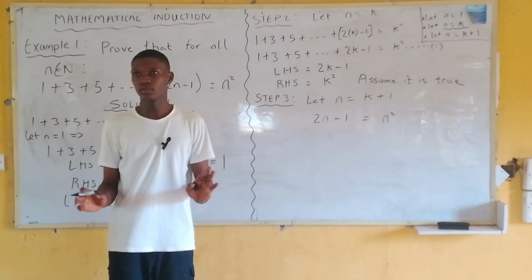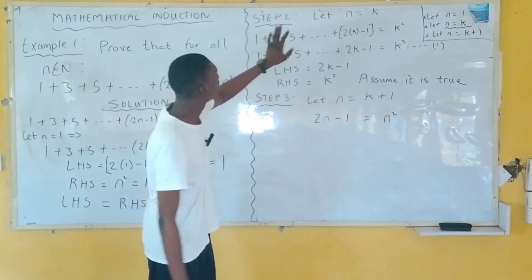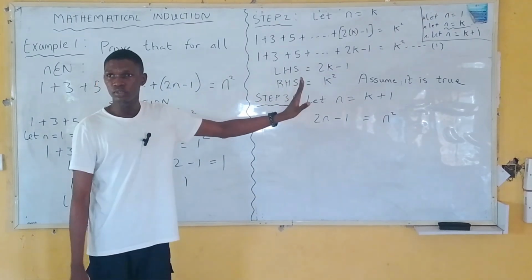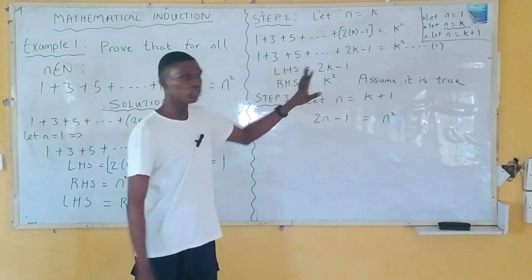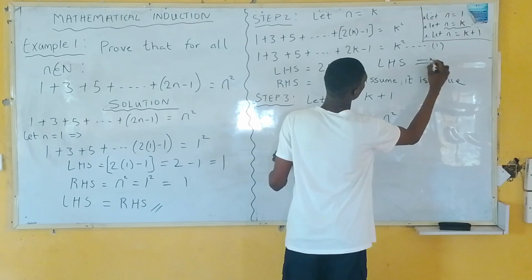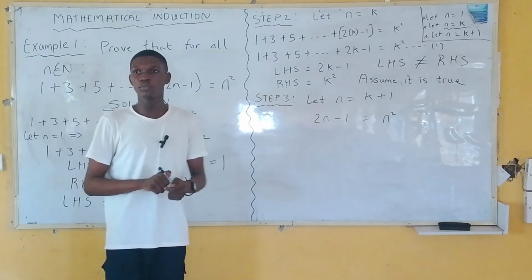Are we together? Yes. We've done for when n is equal to k. You input into your equation, and you see that the left hand side is not equal to the right hand side, right? So now you can also move on to the next step.